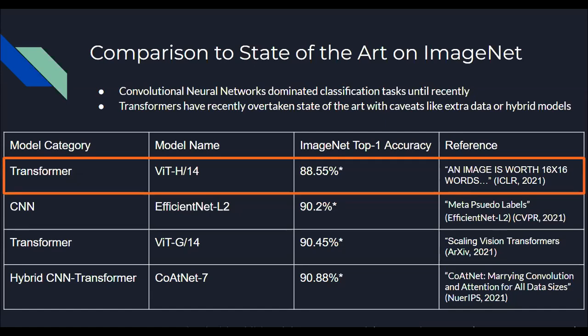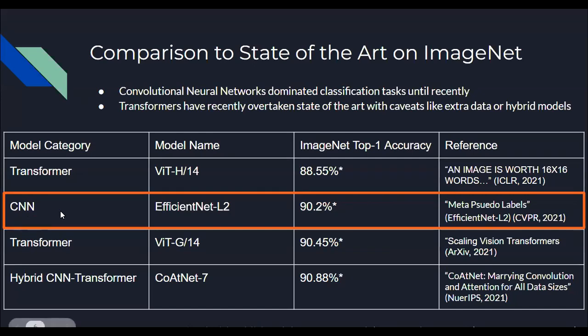This is the vision transformer, huge, with a 14 by 14 input patch size. It achieved 88.55% accuracy on ImageNet in the top one accuracy. In comparison, we have one of the latest strictly CNN architectures published in the same year, and also by the same team at Google Brain, running this EfficientNet model, getting 90.2% accuracy.